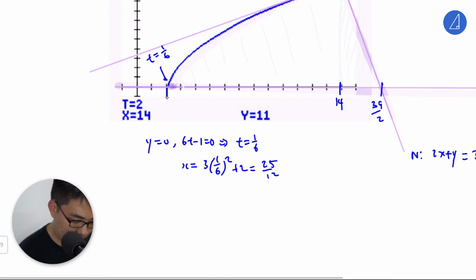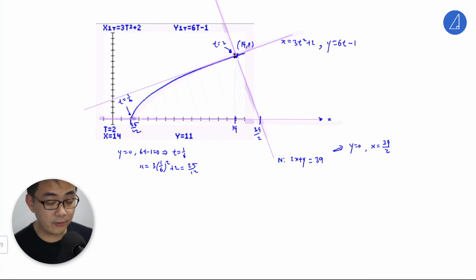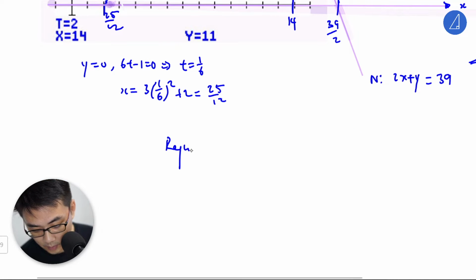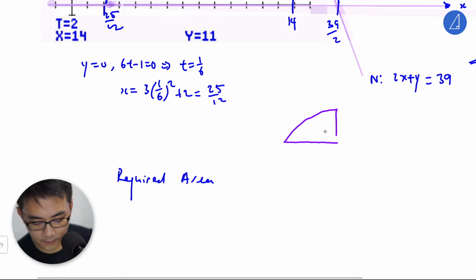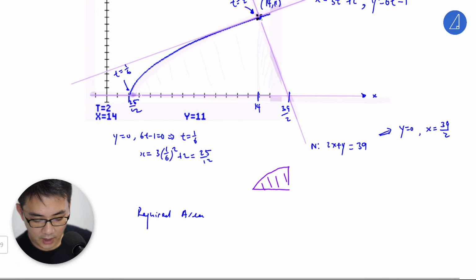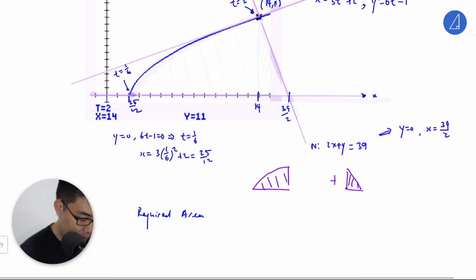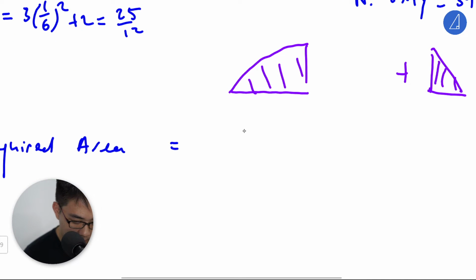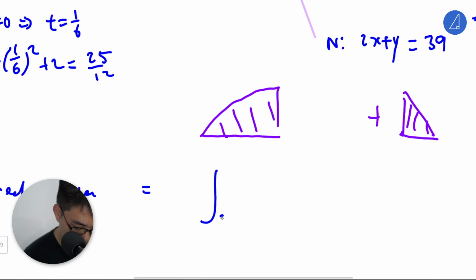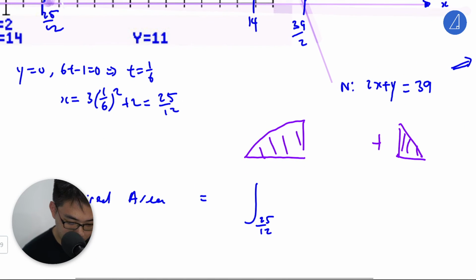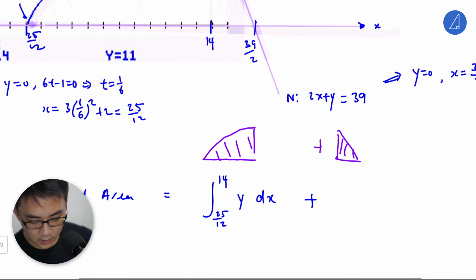So to write the formula for the required area, what we need is this graph here, sort of like half a potato, plus this triangle here. Then we're going to start off with integrating from 25 over 12 to 14 of y dx, plus half times base.